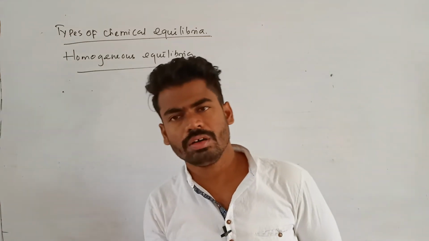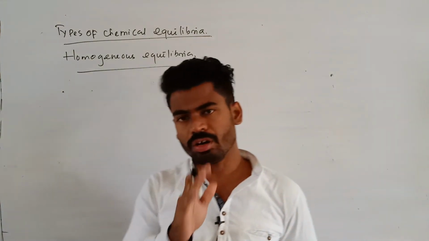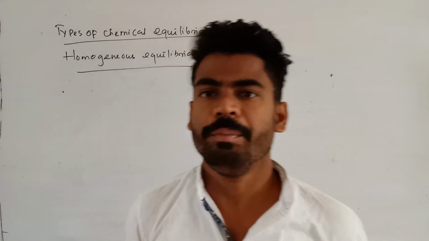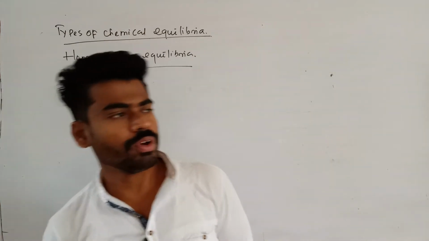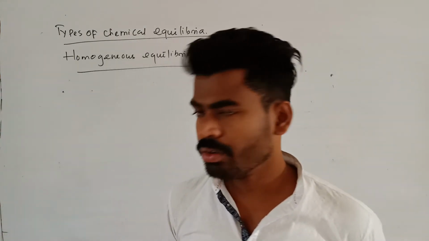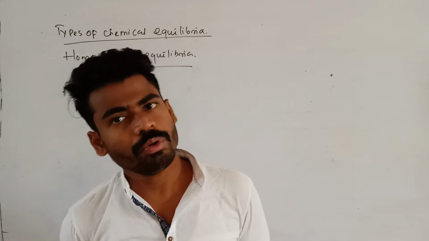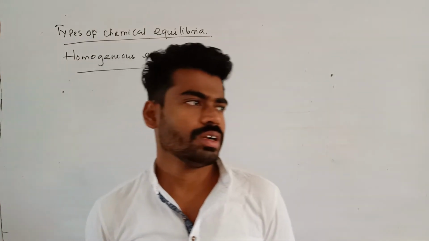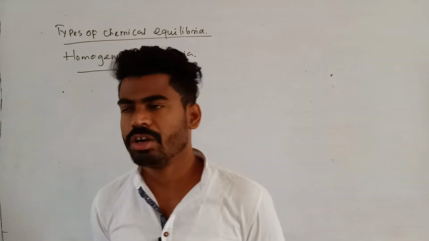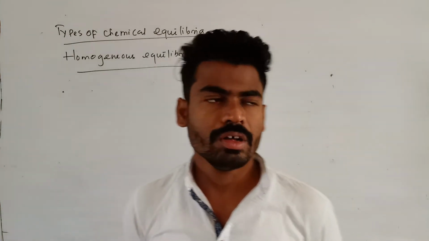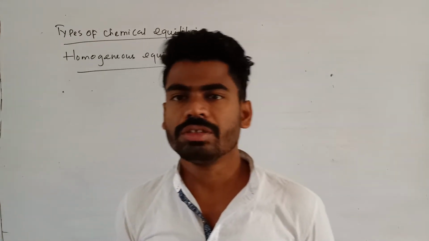That means all the reactants and products of a reversible chemical change are in the same phase. If all components are in the same phase, then it is called homogeneous equilibrium. If all the components of the reversible process are not the same, that means some different phases are there. It may involve gaseous components, solid components, like that. So these are known as heterogeneous equilibria.